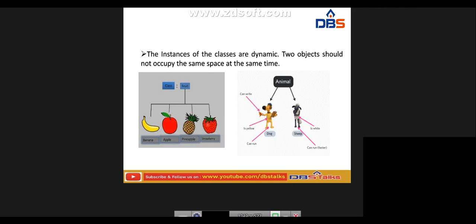Different types of fruits are available: banana, apple, pineapple and strawberry. These occupy different spaces, not the same space. Even for animals, we assign different types of animals: a dog and a sheep. The dog can bark and is yellow, these are properties, and can run; the sheep has the properties white and runs faster. Likewise, different spaces are allocated. Okay.